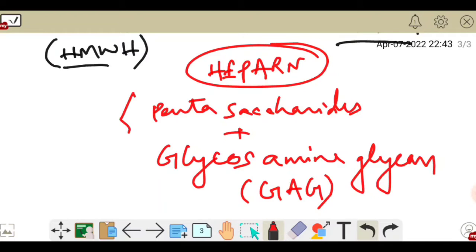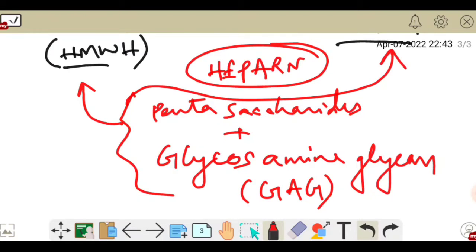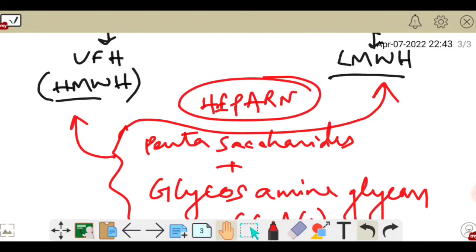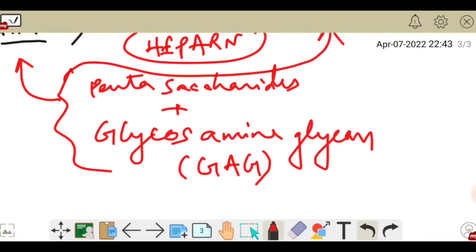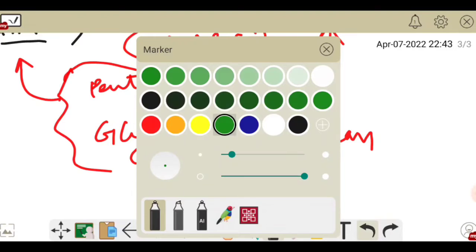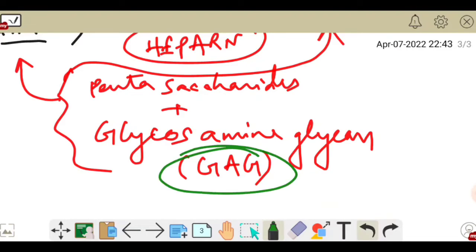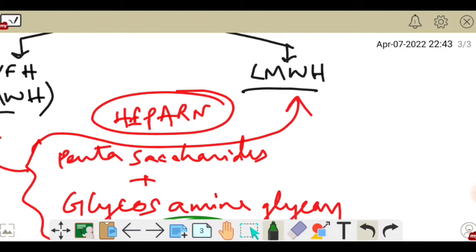These two parts are present in both the high molecular weight heparin as well as the low molecular weight heparin. But in high molecular weight heparin, the GAG part is quite long, and in low molecular weight heparin, the GAG part is quite short.